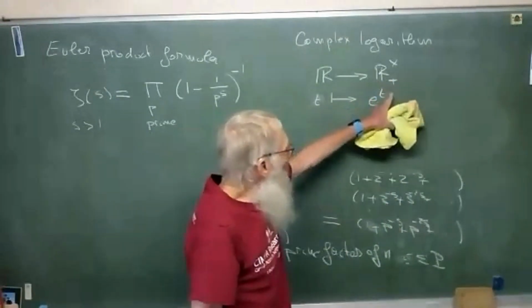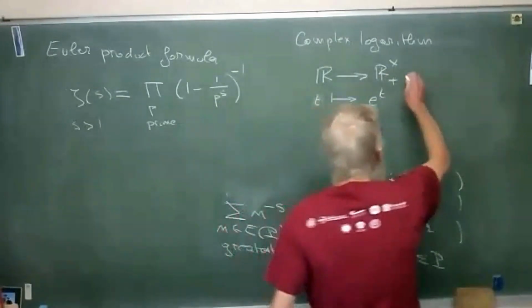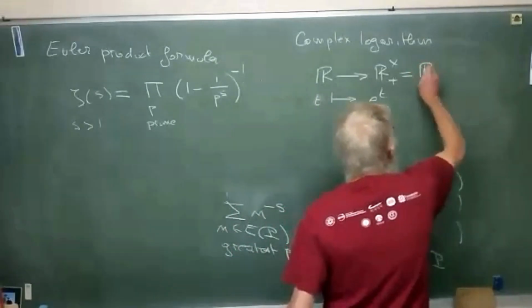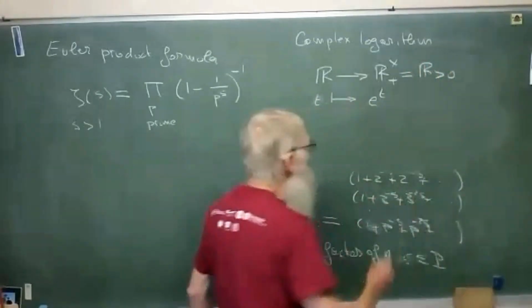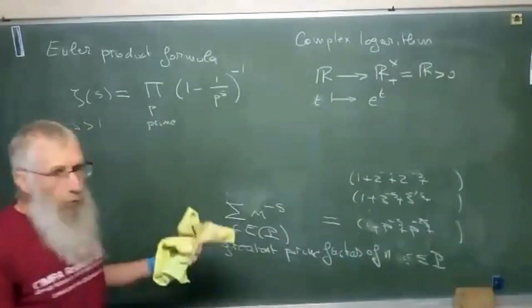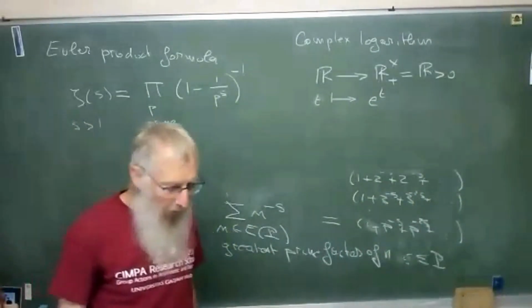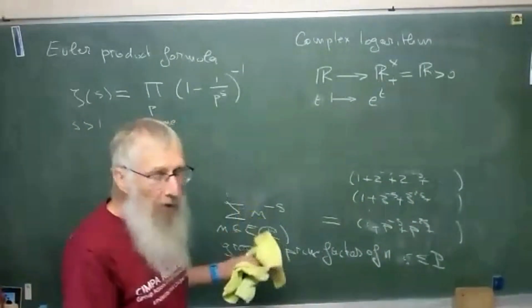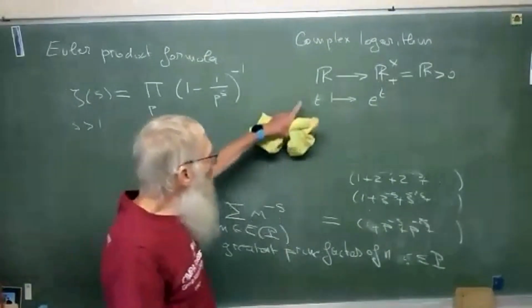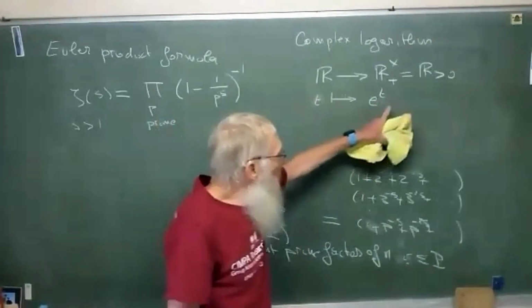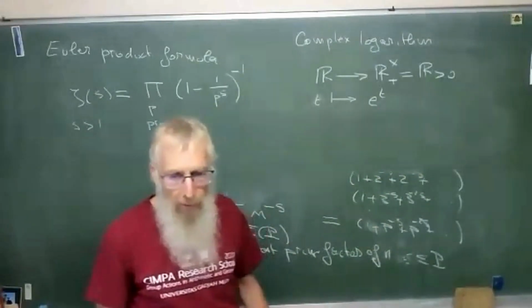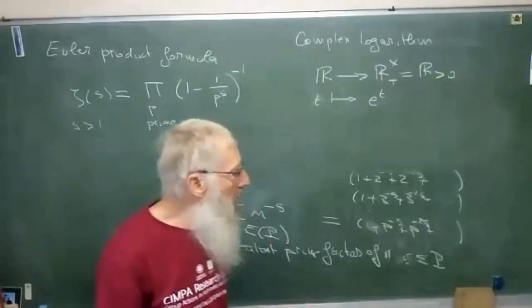R plus star means the positive real numbers, which are strictly positive. And you know that this map is a surjective homomorphism from the additive group of R to the multiplicative group of the positive real numbers.